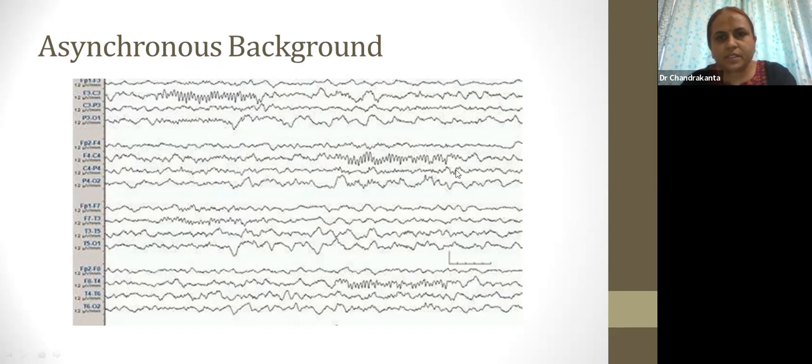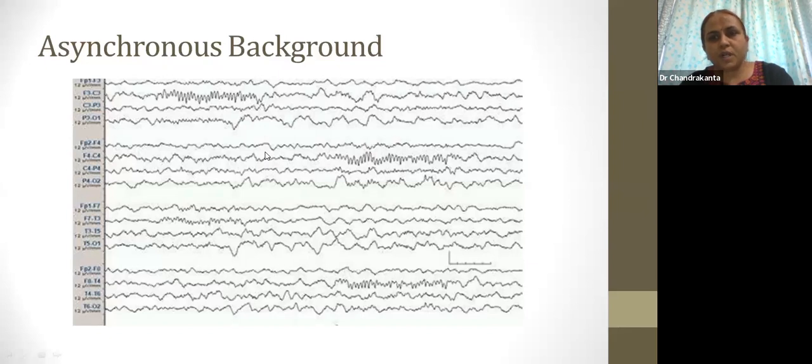And similarly here a spindle is seen on the right side and not on the left side. So they are not coming simultaneously. So this is asynchrony between the two sides. And this asynchronous sleep spindle can be normal in infants and can be abnormal in older children.